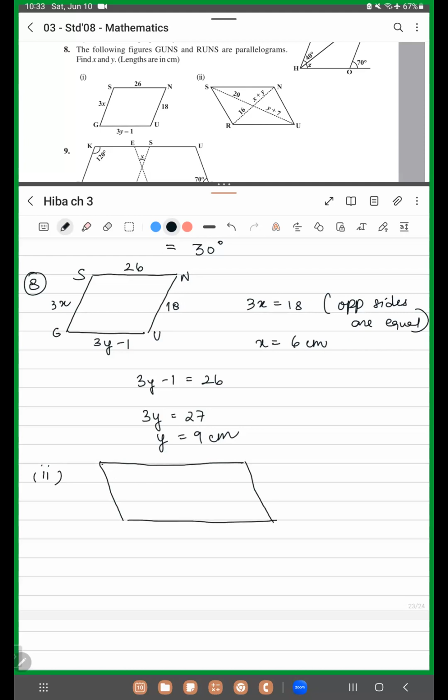Fine. So here this small part is 20, and this small part is y plus 7. Then this is 16 and this is x plus y.